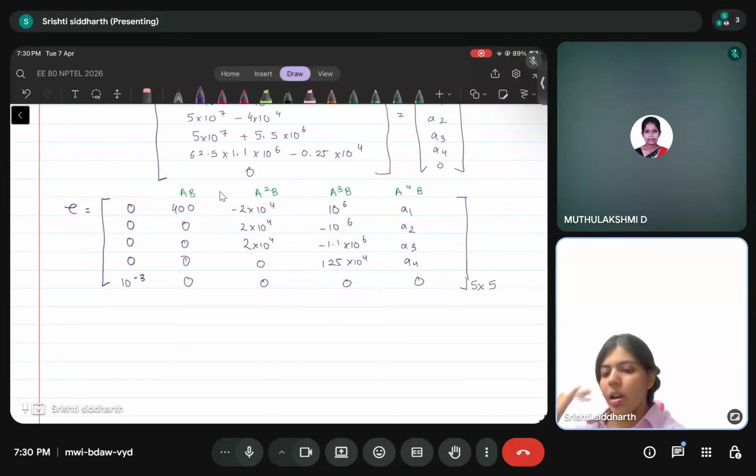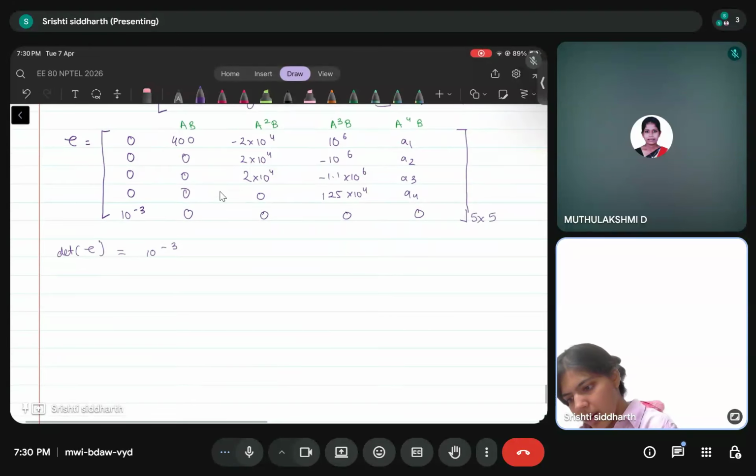Okay. So we need to find the determinant of the controllability matrix because it's a square matrix and this will determine the rank. So if determinant is 0, then the controllability matrix is not full rank. So determinant of C. So let's expand the determinant along the first column. It would just have the entry for 10 to the power minus 3, right? So 10 to the power minus 3 and the determinant of 400.